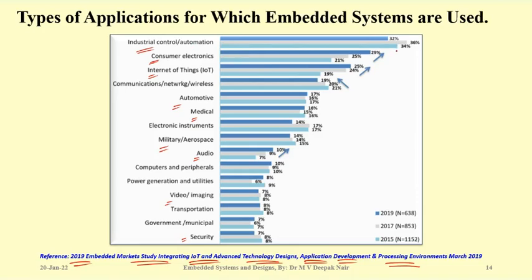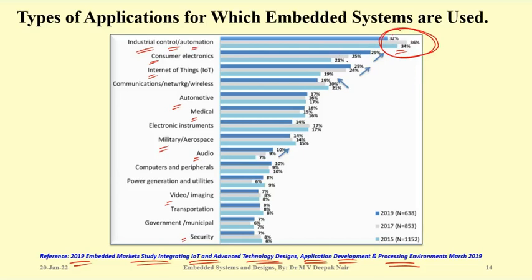Around 35 to 36% of people are using embedded systems to automate or control industries like steel factories, car manufacturing companies, and so on. So embedded systems are used in almost 30 to 35% of the automation industry.